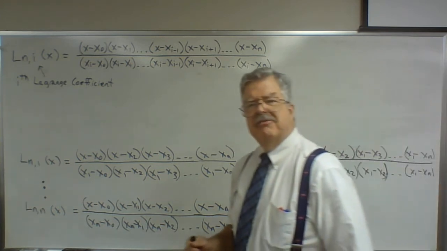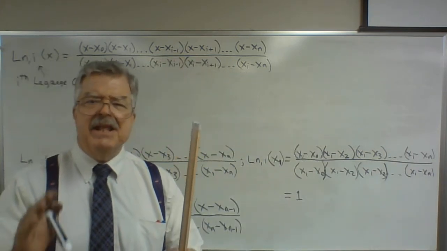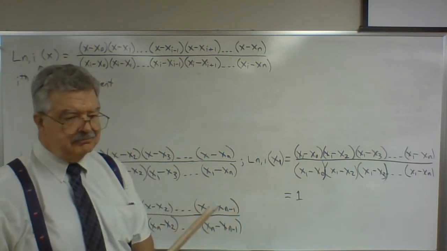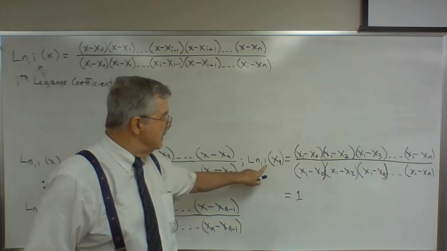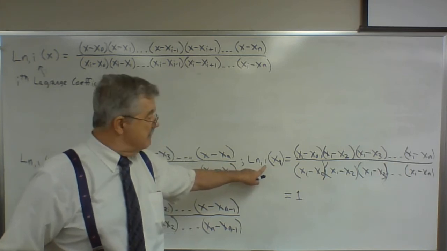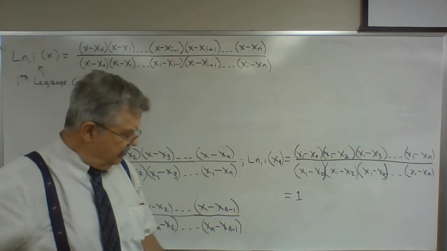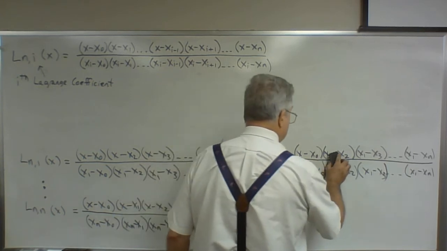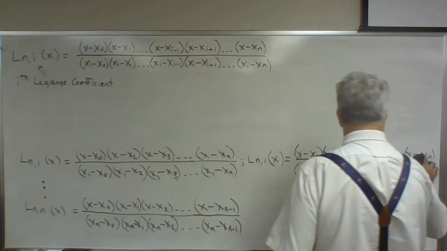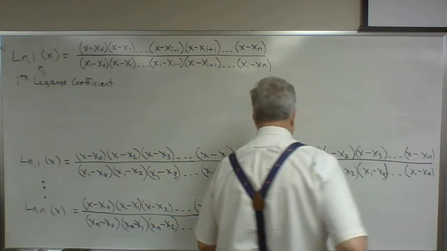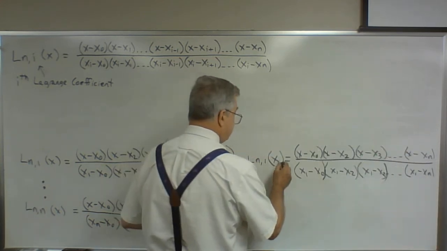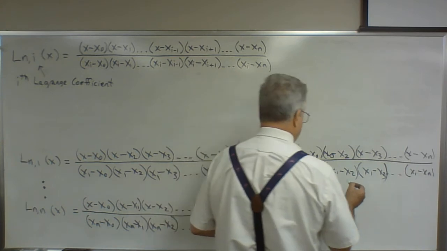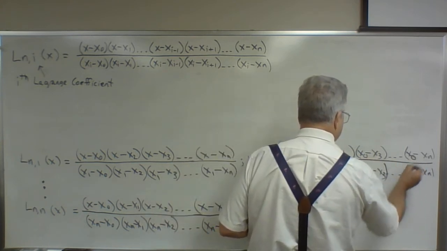Now, what happens if I plug the x-coordinate of any other data point into this thing? When I plug in x of 1 into the first Lagrange coefficient, I get 1. Suppose I plug in the x-coordinate of some other data point. Let's say that I plug in x of 0.